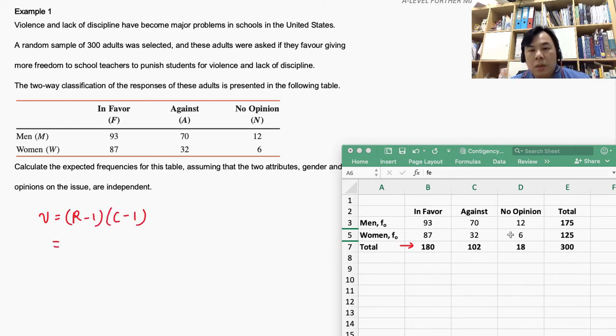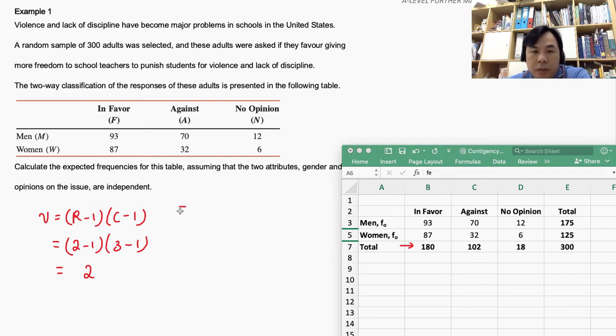We have two rows and three columns. Therefore, our degree of freedom for this analysis would be 2. I hope that's clear.